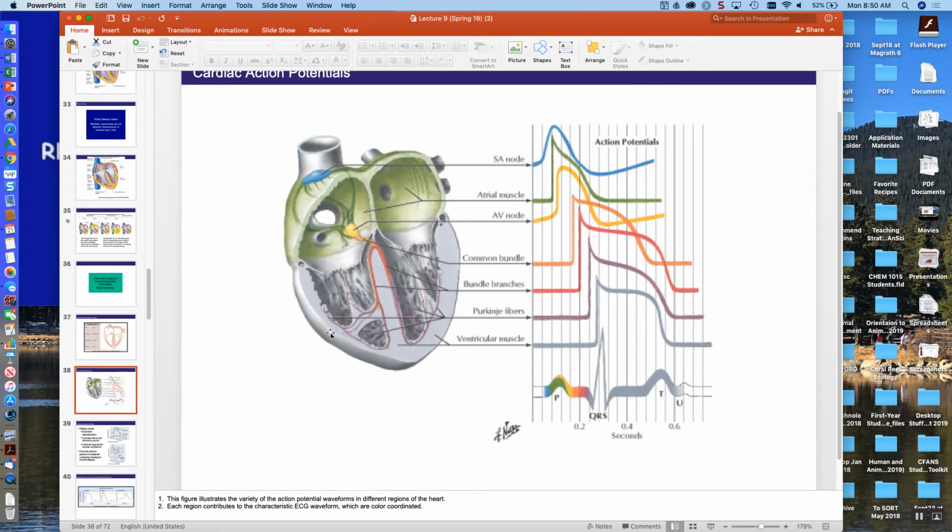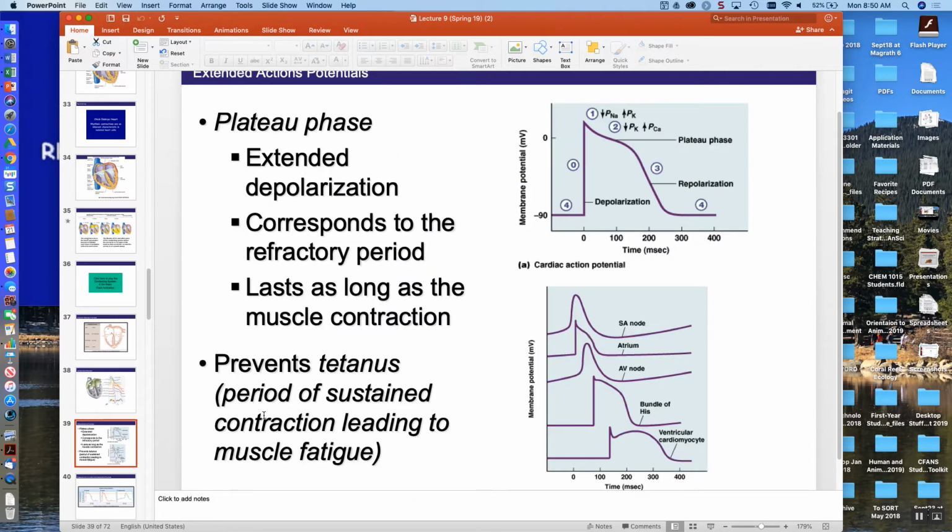So let's just zoom in on each of these cells. This is a microscopic look at just one cell itself. And let's first talk about the ventricular myocytes. You'll notice again, the ventricular myocytes have this plateau phase. It's an extended depolarization phase that corresponds to the refractory period.